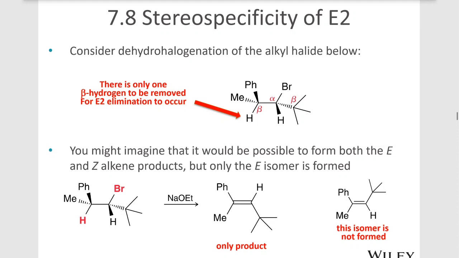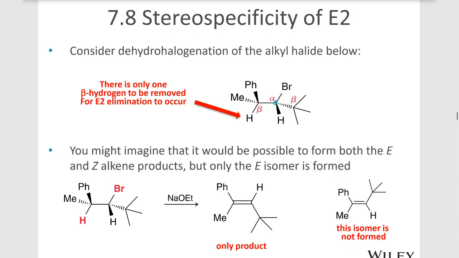A lot of times we're going to have two beta hydrogens, and we can get either stereochemical outcome. But it turns out if we only have one beta hydrogen, then it may only lead to one possible product instead of two possible products, either cis or trans. Okay, in this case we only have one beta hydrogen.